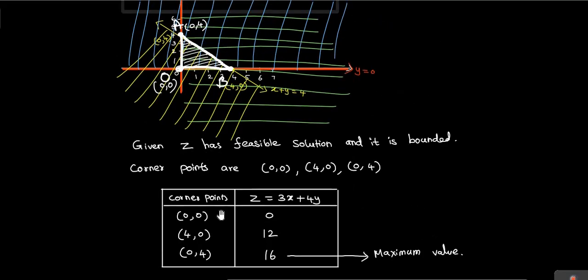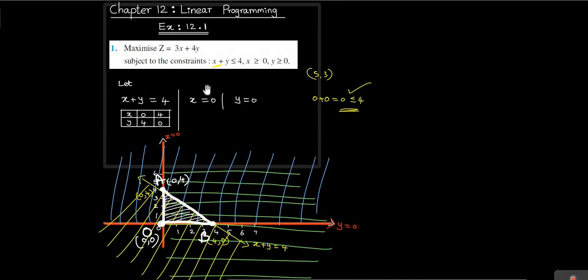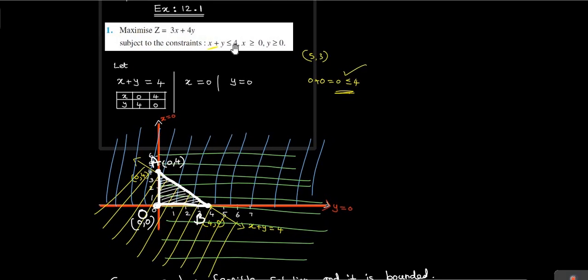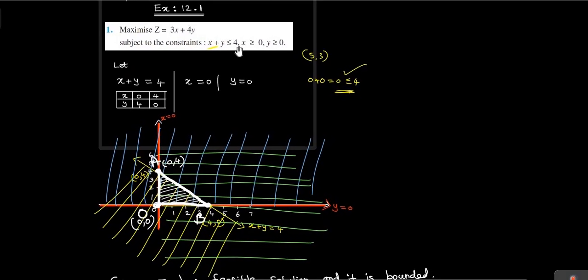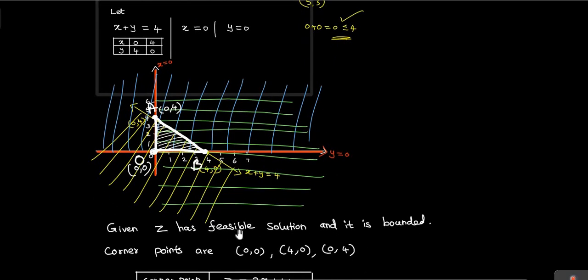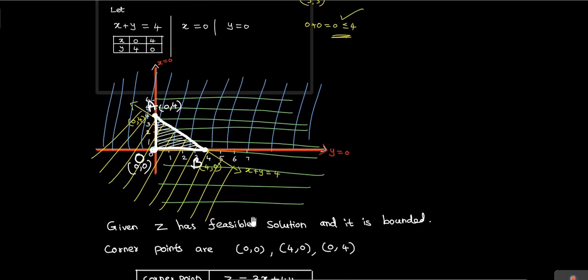What actually do we need to do? Quickly I will tell you what we have to do, given the constraints. Using them, you have to identify the solution space in the graph. Sometimes we will have a common solution. Sometimes we may not have a common solution. If we have a common solution, then we can say it has a feasible solution. If it is not feasible, there is no solution. Okay.